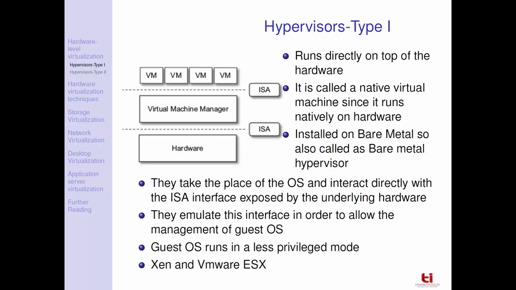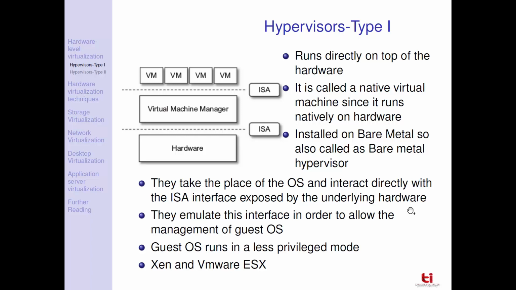That is why it is called as native virtual machines, or it is also called as bare metal hypervisor. So in this hypervisor, it takes place of the operating system and interacts directly with ISA interface exposed by the underlying hardware.